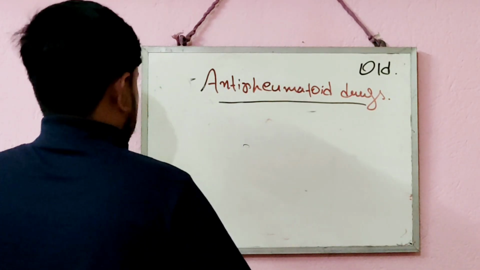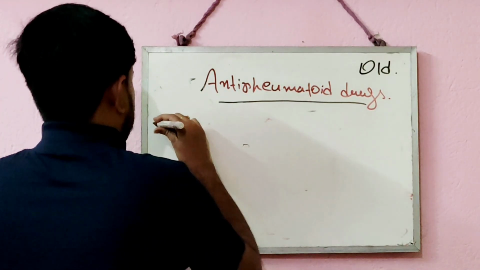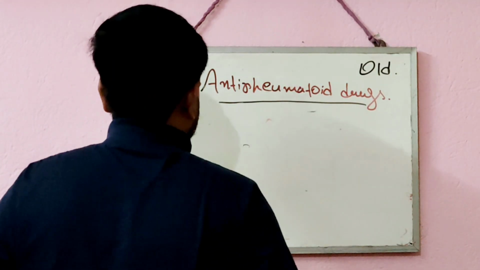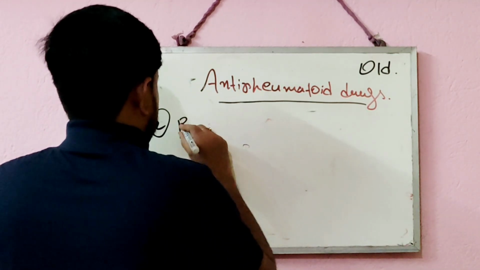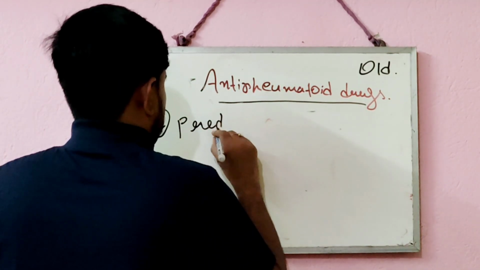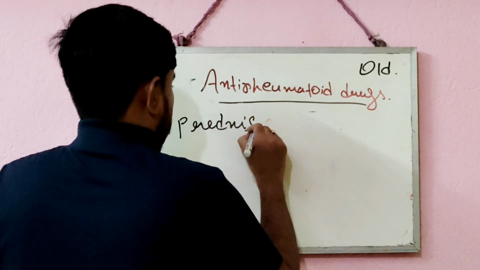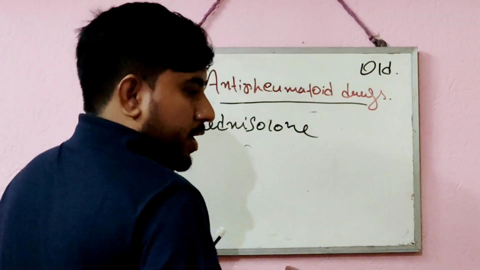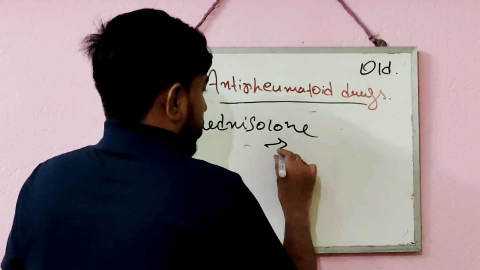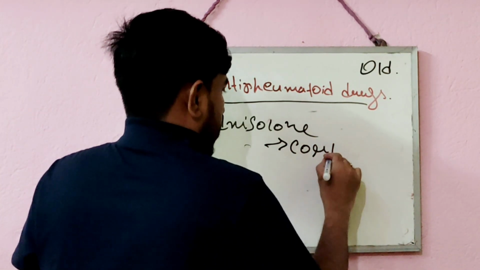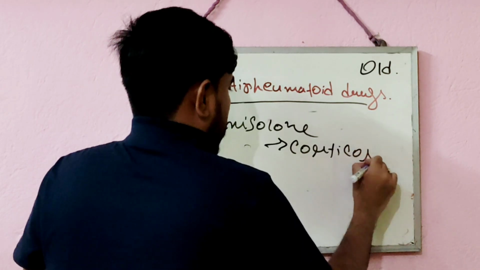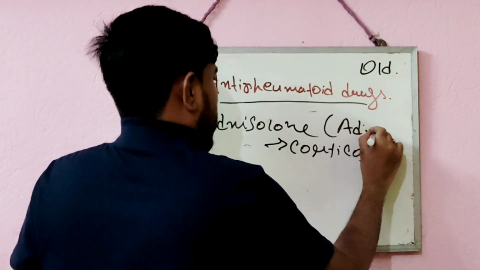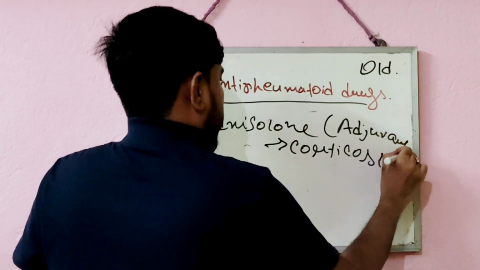Now I am going to discuss another important anti-rheumatoid drug that treats arthritis, that is prednisolone. First we have to remember prednisolone is a corticosteroid drug and it comes under adjuvant anti-rheumatoid drugs.